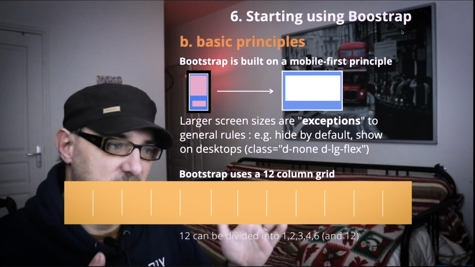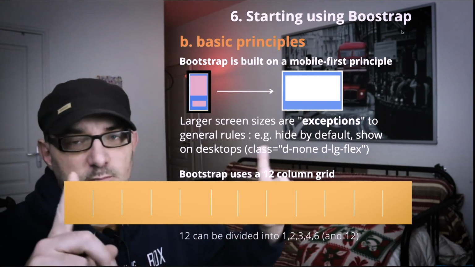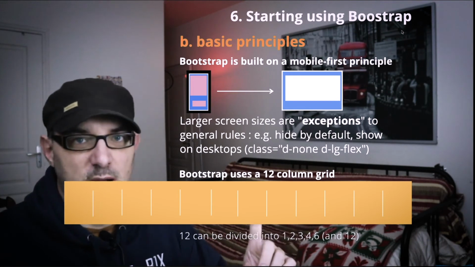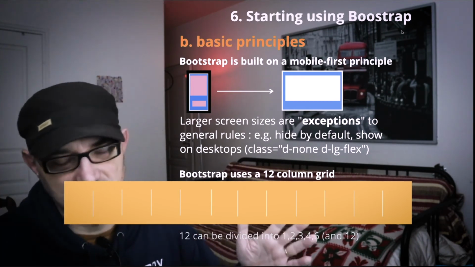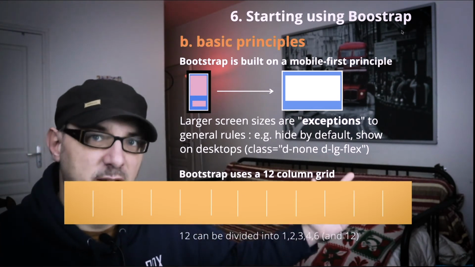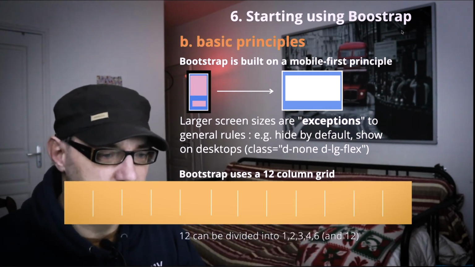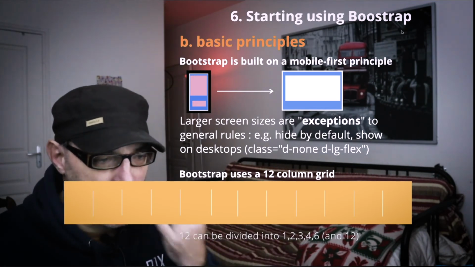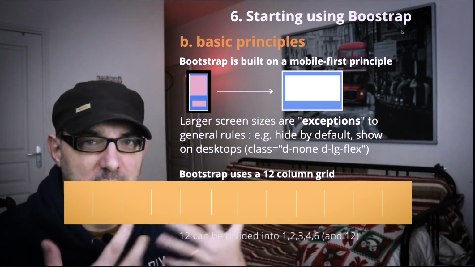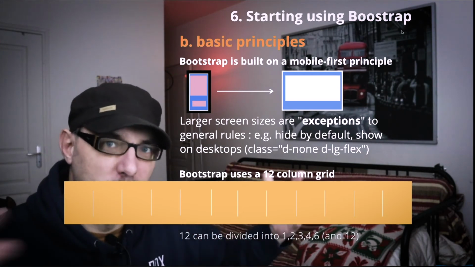It will allow us to say, okay, from say tablet screen size and above, this is what happens. On a laptop screen and above, this is what happens. On a big screen and above, this is what happens. And this allows us to structure the page responsively, so we have a nice experience on all screen sizes.